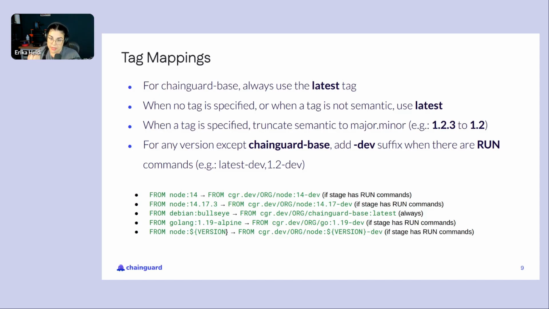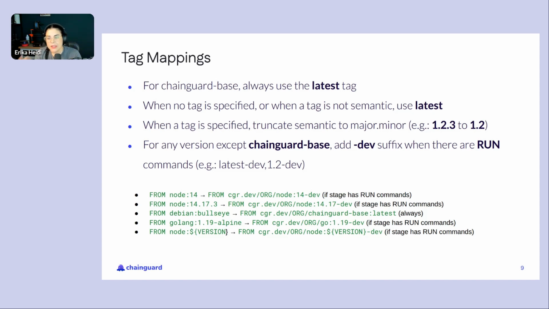In the case of Chainguard base, it's an image that already has a shell and a package manager, so whenever it's Chainguard base, use the latest tag. When the tag is not specified, then it should use latest. Or if a tag is not semantic, like 1.2.3, it will also use latest.